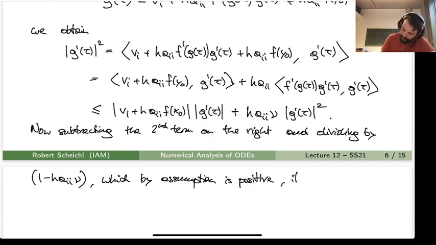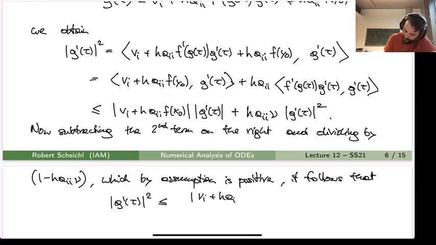Then it follows that the norm of g prime of tau squared is less than or equal to the norm of v_i plus h a_ii f of y naught, divided by 1 minus h a_ii nu, times the norm of g prime of tau.